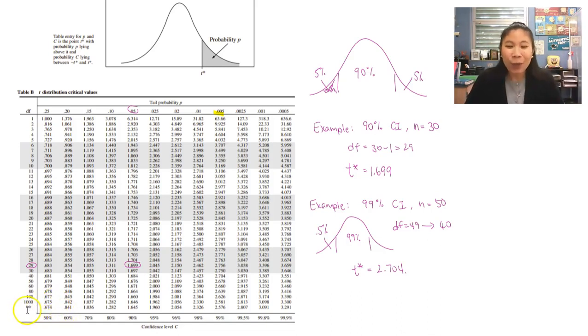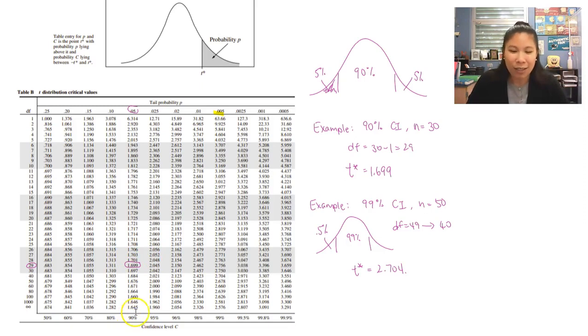And so what I like about it is that at the bottom row, it also already lists out your confidence level. So earlier when we said 90% confidence, if you looked at the tail probability of 0.05, if you go all the way down, it already tells you the confidence level is 90. So really, if they're asking you for a 90% confidence interval, you can just go backwards and not have to calculate the tail probability. So 90% here, look for your degrees of freedom.